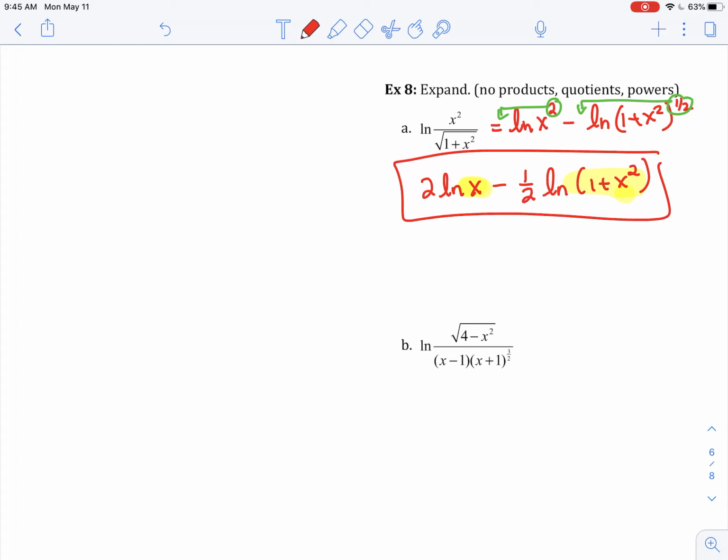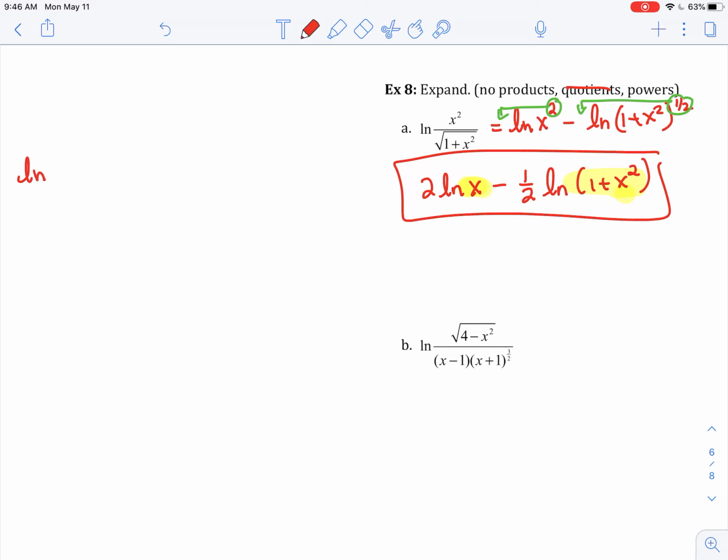If we look at B, we have a single log quotient. We don't want to have logs of any quotients, so we need to expand that out. And we know that if we have a single log quotient, we can think of subtraction. Subtraction of exponents would be taking place. So I'm going to come over here to the left.